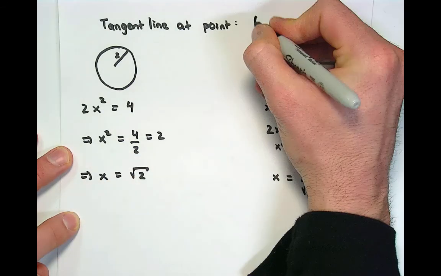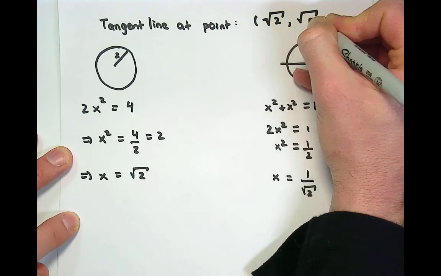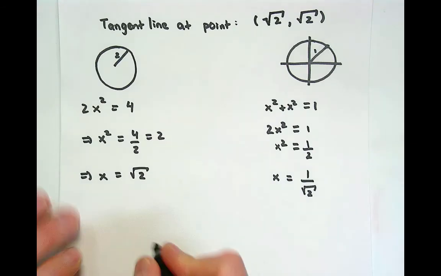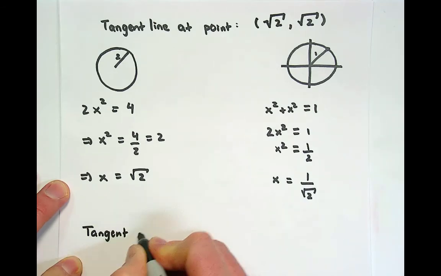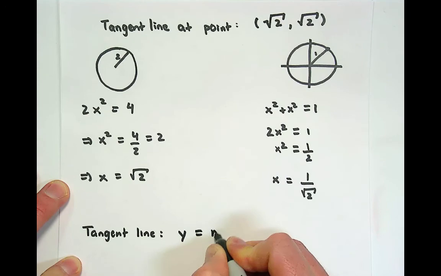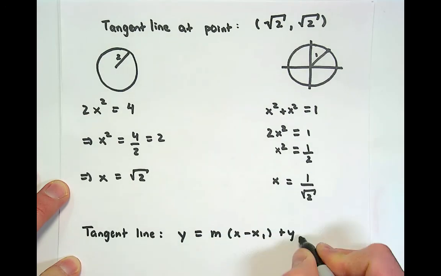So the tangent point, or excuse me, the point on the curve where we want the tangent line to go through would be square root of 2, square root of 2. So this was a unit circle analysis. The moment that we have this, we return to the idea that the tangent line that we were searching for had a point and a slope, and we said this was going to be y equals m times (x minus x1) plus y1.